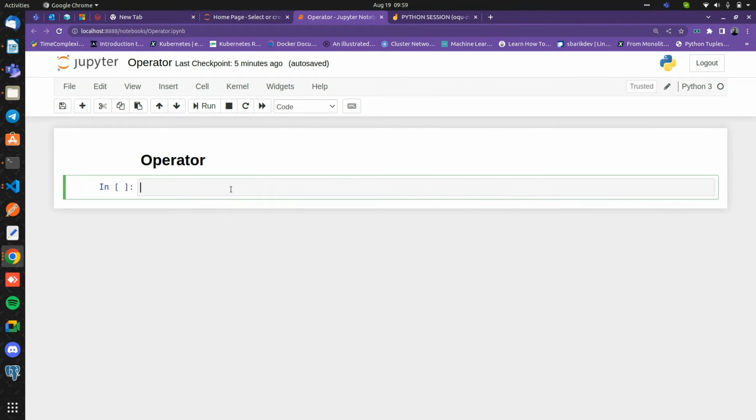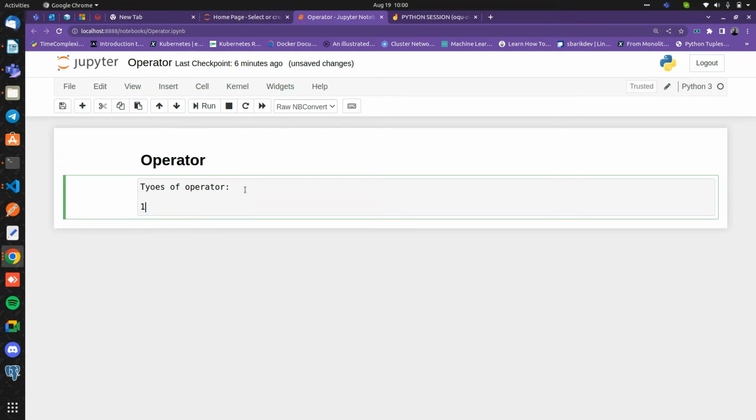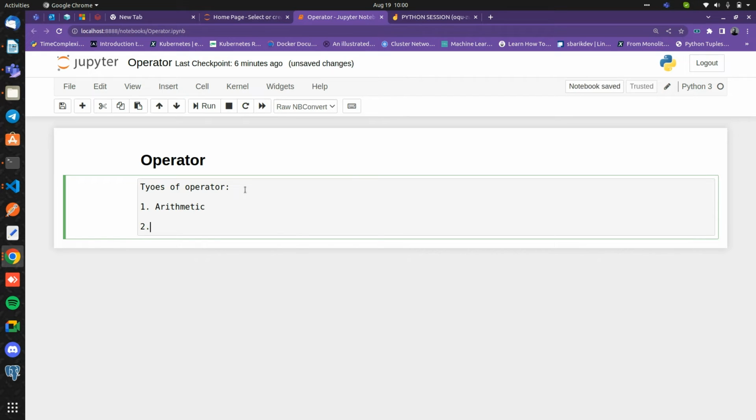So there are 7 types of operators in Python. Let's talk about the types of operators. The first one is arithmetic. Second is the relational operator.